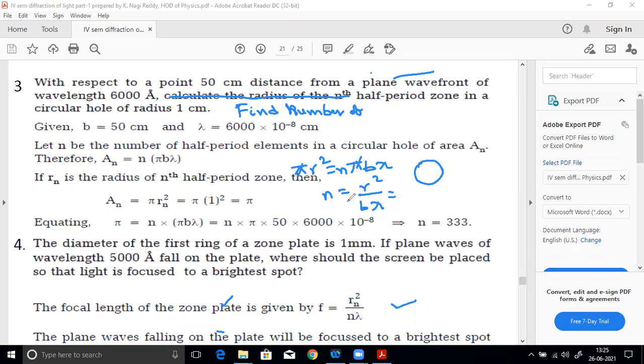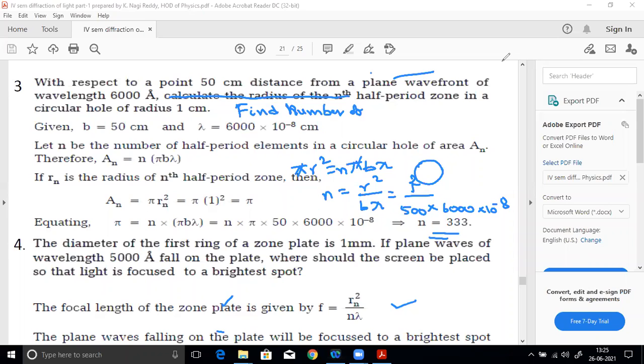By substituting, the radius is 1 centimeter, so 1 square divided by b, that is 50, into 6000 into 10 to the power of minus 8. By calculating that, you get the number of half-period zones as 333. Got it?